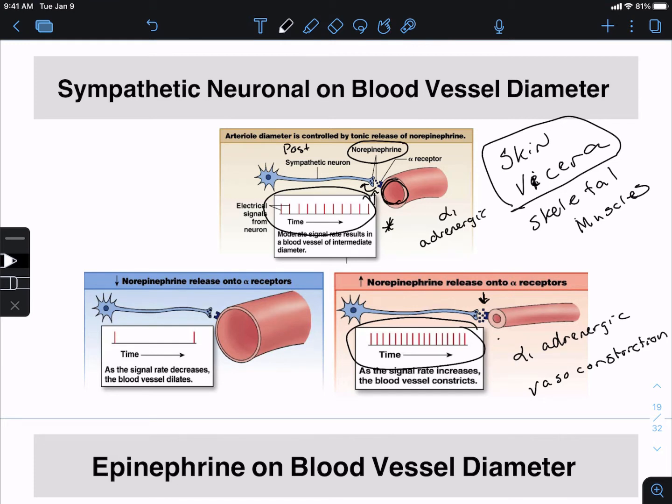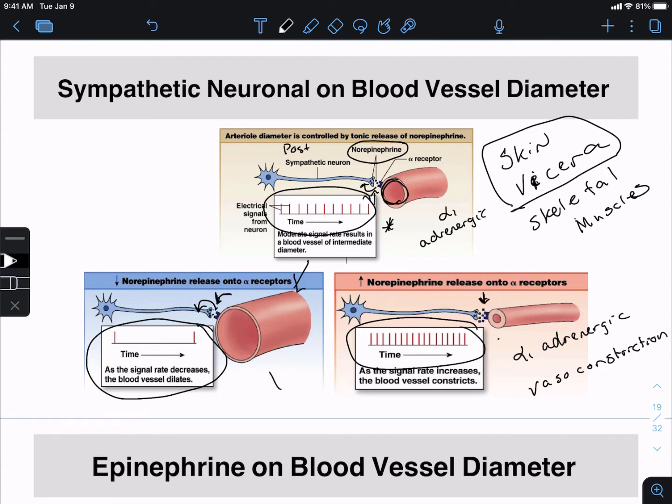Conversely, if we look at this example, so we're going to slow down, we're going to see tremendous amount of dilation. And notice that we don't have any neurotransmitter in the synapse, and as soon as we release some, that norepinephrine pump is going to bring it right back into my neuron and get rid of it. And so we have a completely relaxed blood vessel.